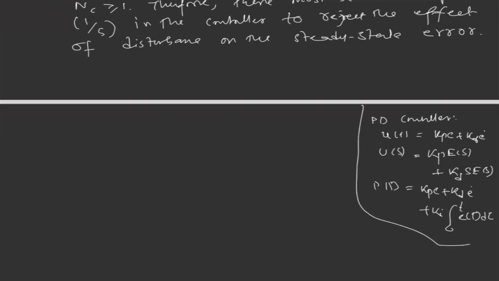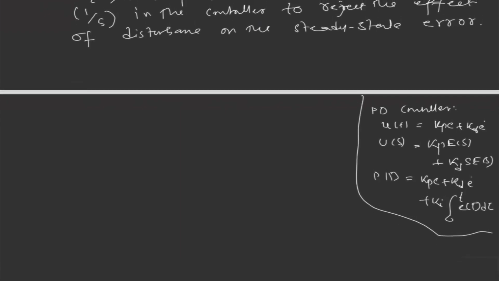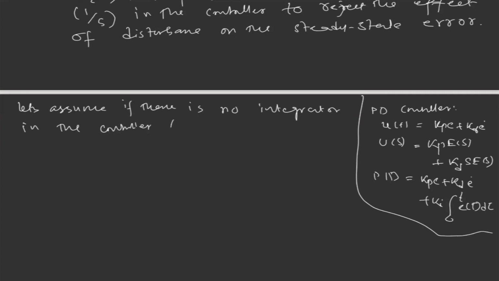But let's assume there is no integrator in the controller. It means N_C equal to 0. If N_C equal to 0, then let me write further.